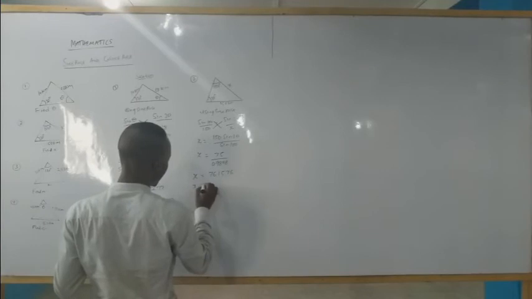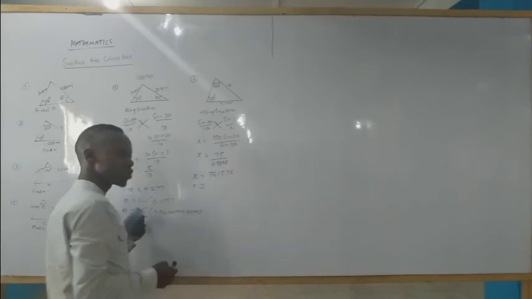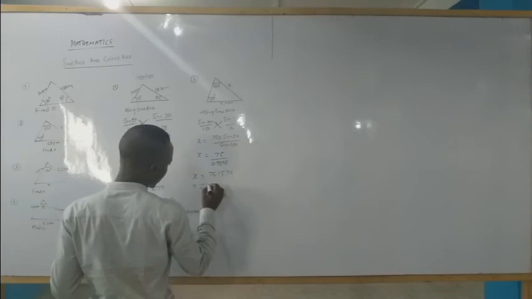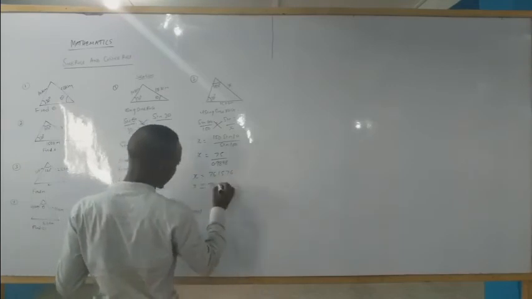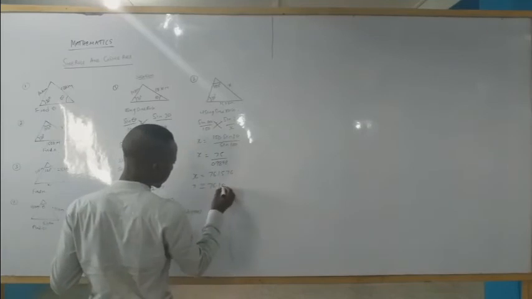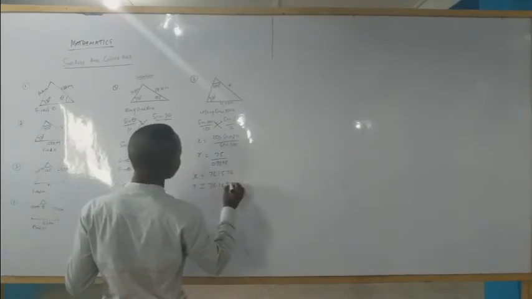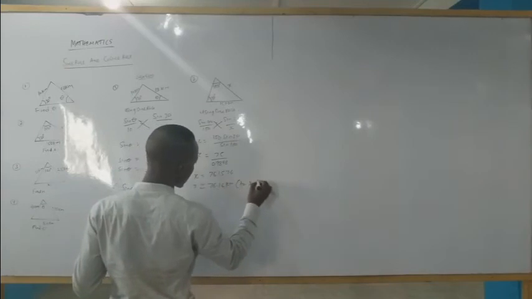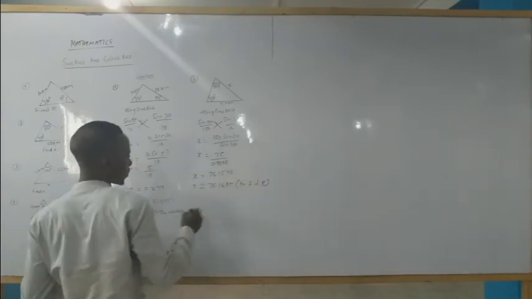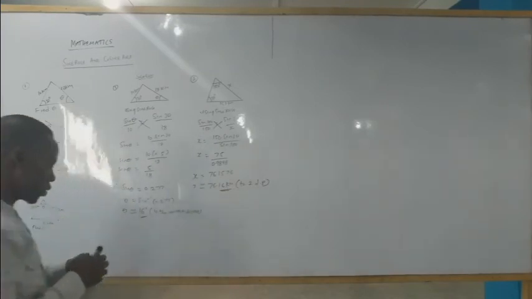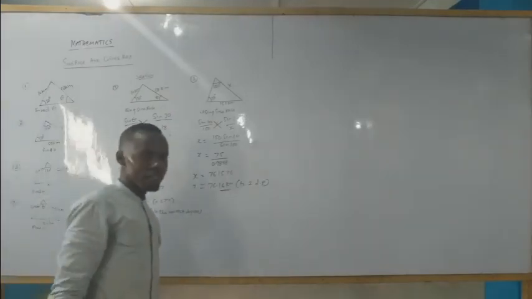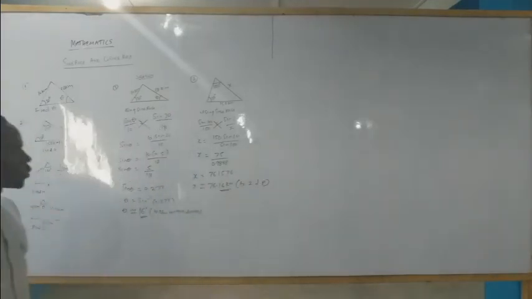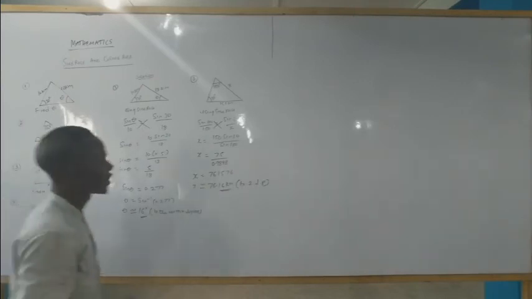So S is approximately 76.16 kilometers, to 2 decimal places. We applied the sine rule.